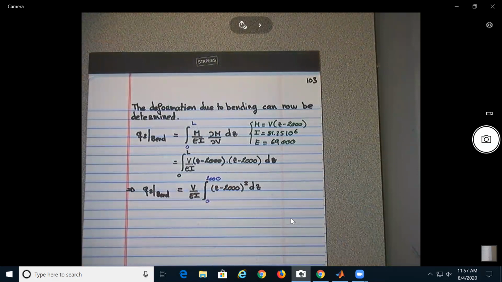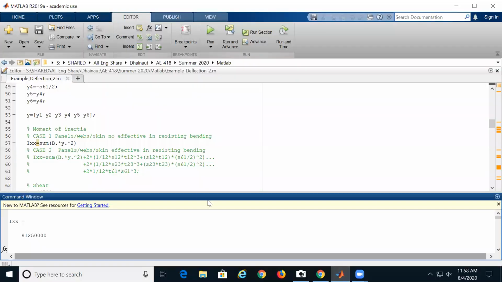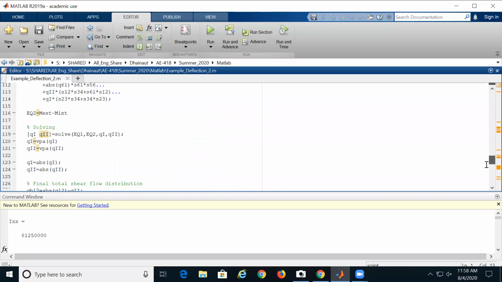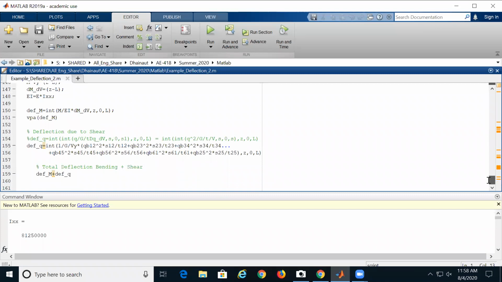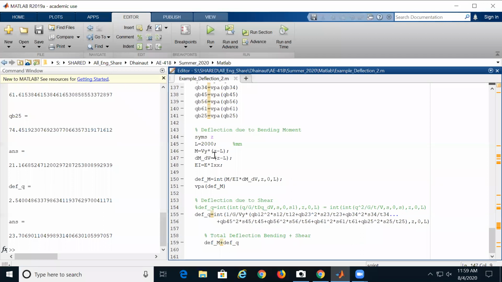Okay, so I actually did that calculation on the MATLAB. I mean, we can do it by hand. It's not complicated, but you see on the MATLAB, this is the M, what I have over here. This is the dmdv Z minus L, and this is the EI, no?